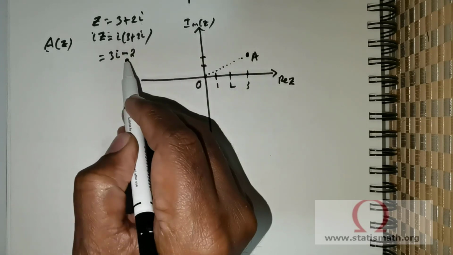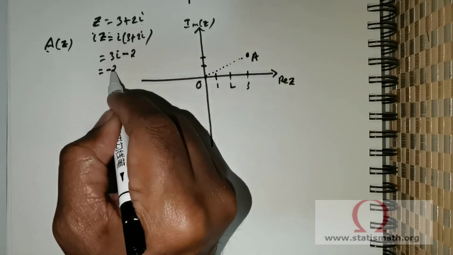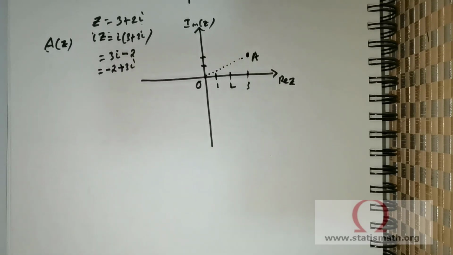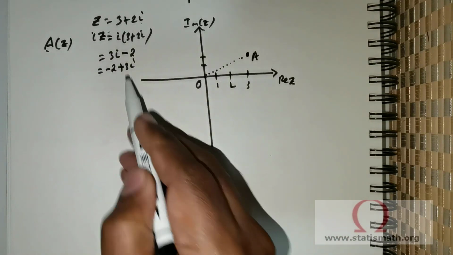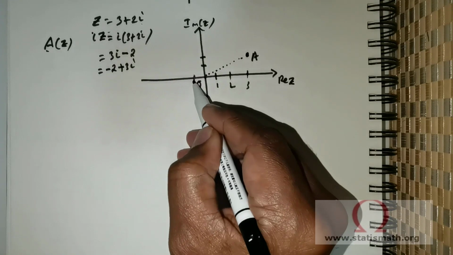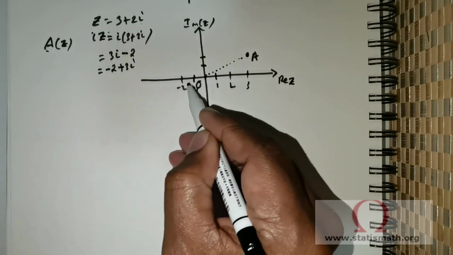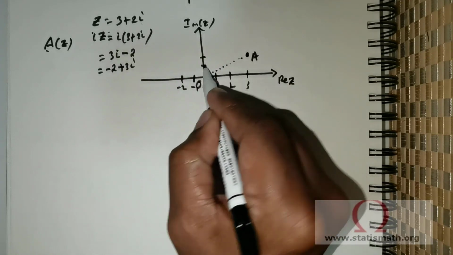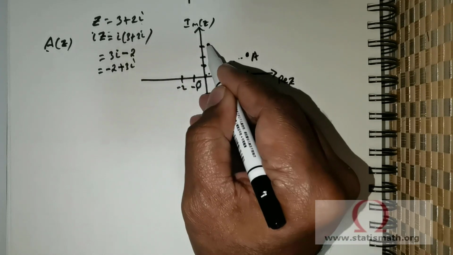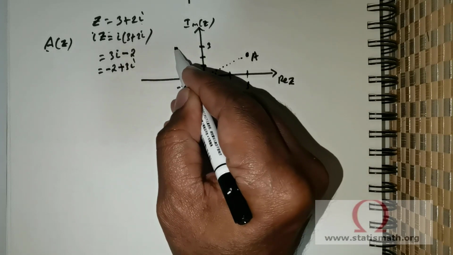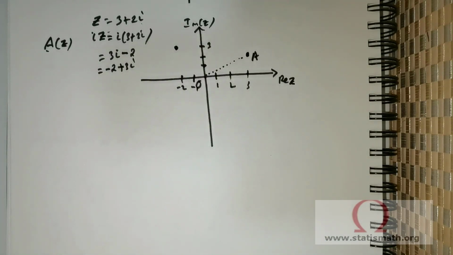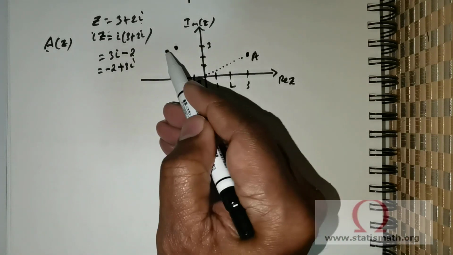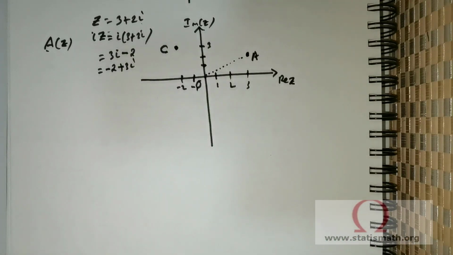So that's going to be 3i - 2, which is -2 + 3i. So we need to represent that point. Where would -2 + 3i be? If this is -1, this is -2, so -2 is here, and this is +1, +2 and +3. So that point is going to be over here. Now I can mention this point as C.